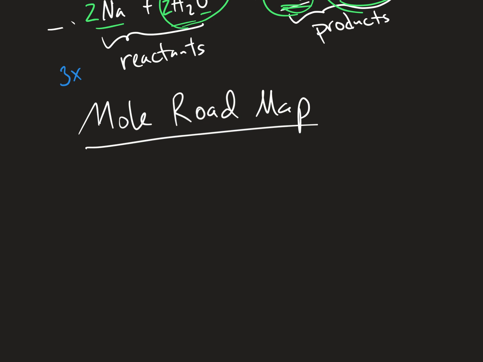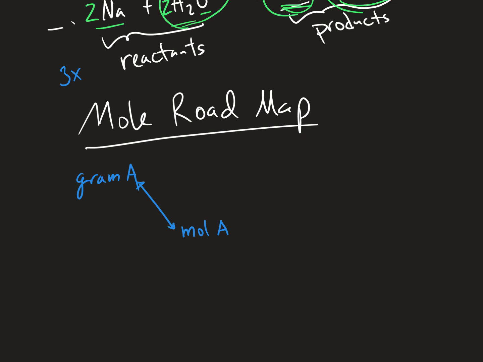All right, so let's start with, let's say we have grams of substance A. It could be any substance, I'm just calling it A. Is everybody okay with that? If we want to convert from grams of substance A to moles of substance A, do we know how to do that? What's the conversion factor? Moles over grams.